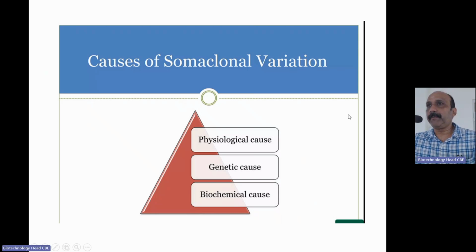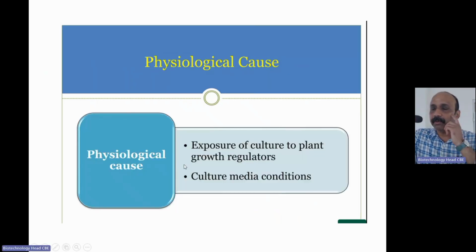So the causes of this variation are physiological, genetic, and biochemical. Physiological cause: the exposure of cultured plants to growth regulators, like too much of growth regulators or extreme growth regulators, say like 2,4-D. These are all extreme growth regulators, so they will be active only in very small concentrations.